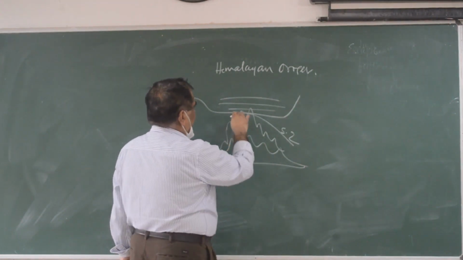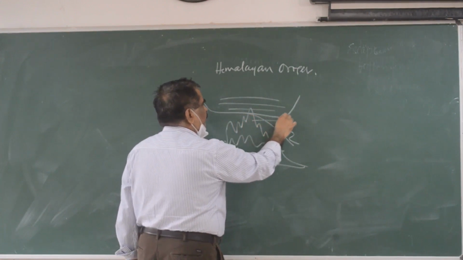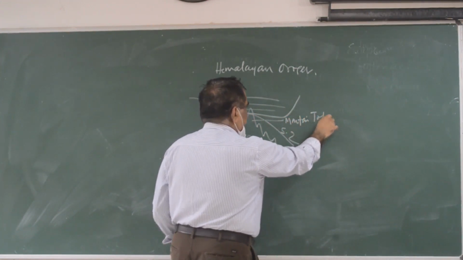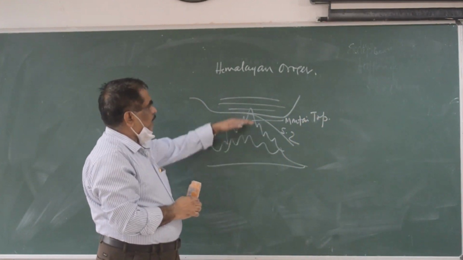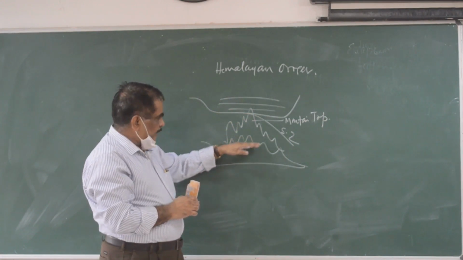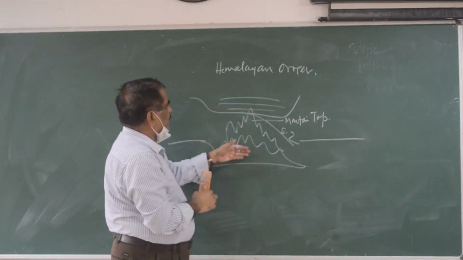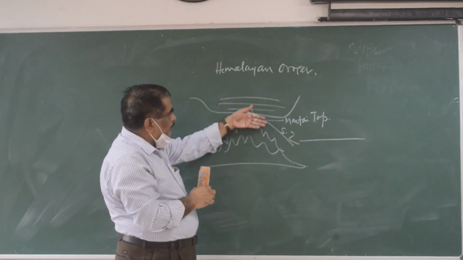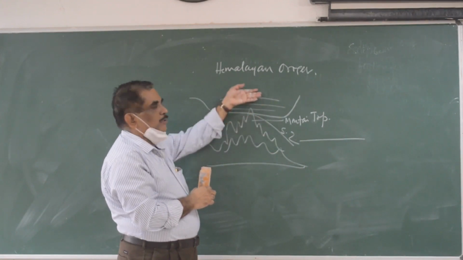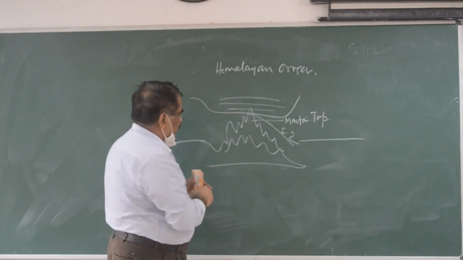Now here, the sediments which were inside the basin, inside the sea, now occur at the mountain top. That means from a negative relief feature it has come to a positive relief feature. From a basin which is 10 kilometers below the surface, now it has come 9 or 10 kilometers above the surface, like Mount Everest. So from basin to mountain belt.